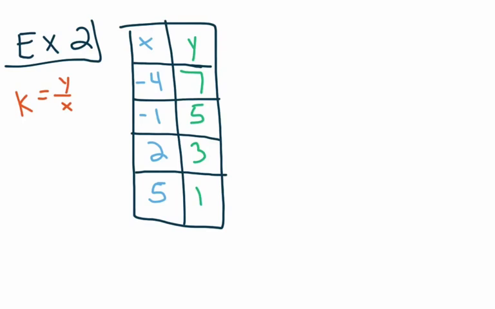So let's take a look at what happens when we use these values. We get k is equal to our first ordered pair, -4, 7. So we have 7 over -4. And that's going to be like -1 1/3 or something like that. And 1 3/4. I was wrong on that. So -1 3/4. Okay.